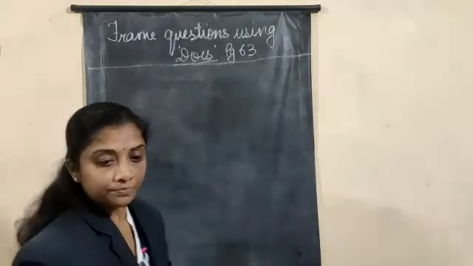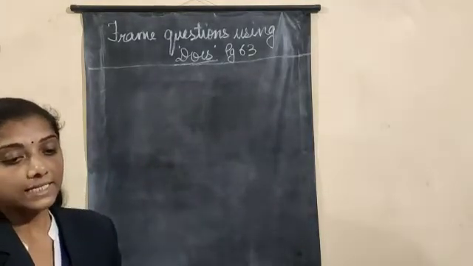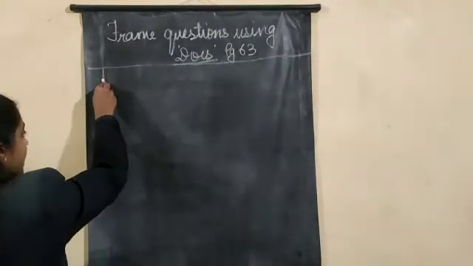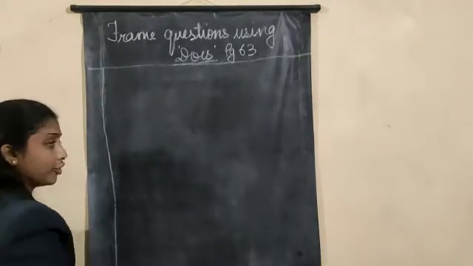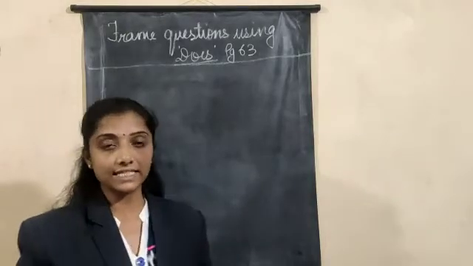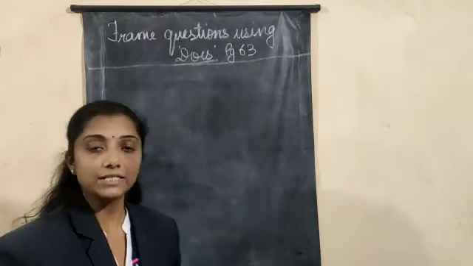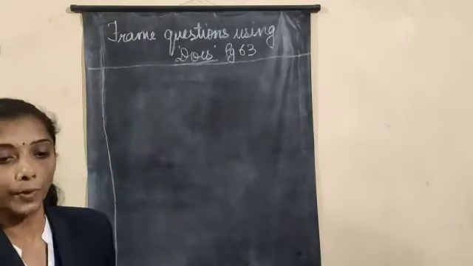Okay, now let's solve an example. Now see, the sentence is Mr. Sen collects money. Two examples are already solved for you. I will solve the next example, and while solving it, I will explain how to frame the question.